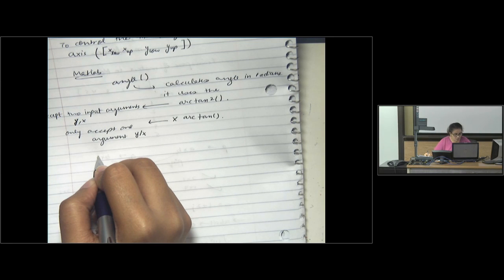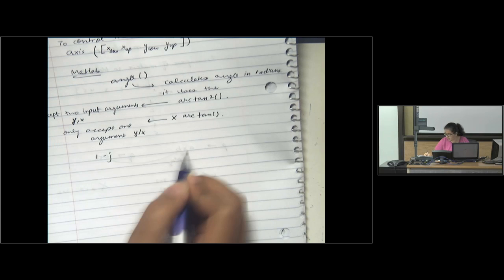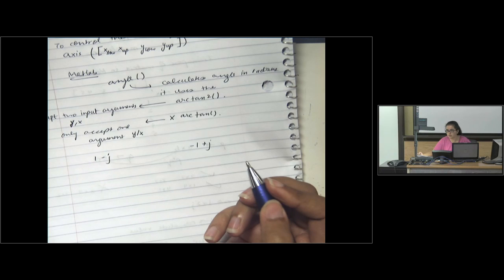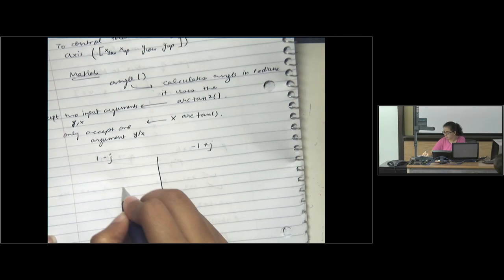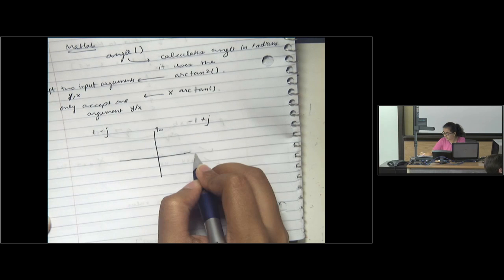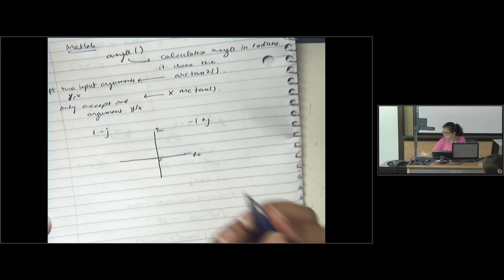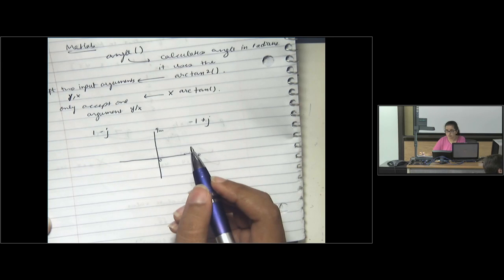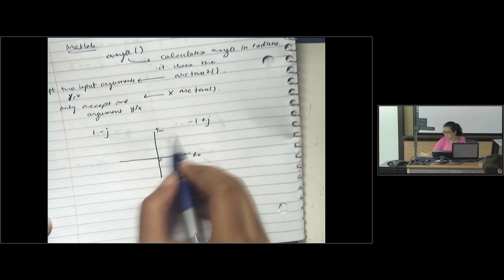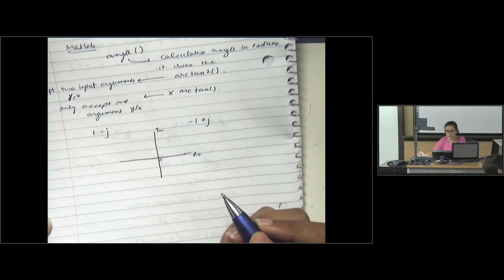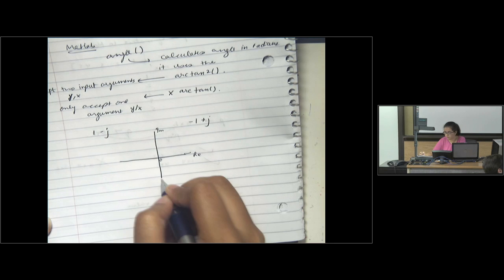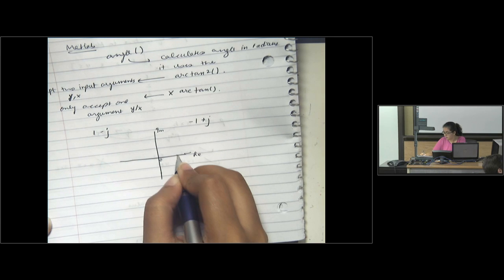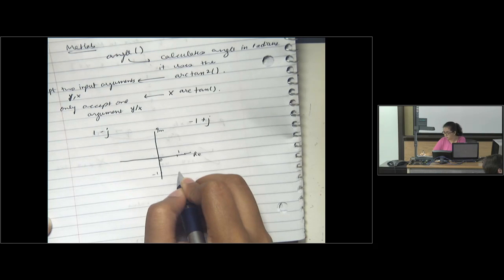The reason for this is, say you have two complex numbers, 1 minus j and minus 1 plus j. Let's do a very rough plot of where these would be. This is your imaginary axis, this is your real axis, this is your origin. Where would 1 minus j be? Which quadrant? Fourth, right. So real part 1, imaginary minus 1.